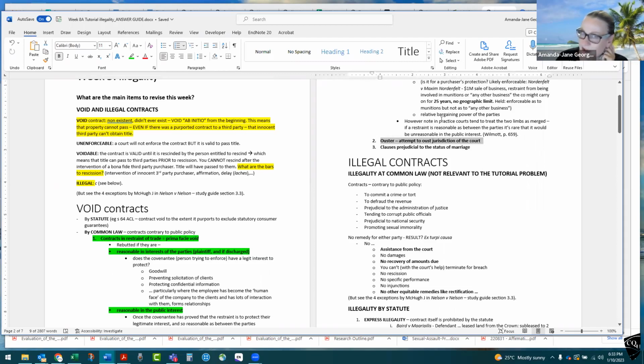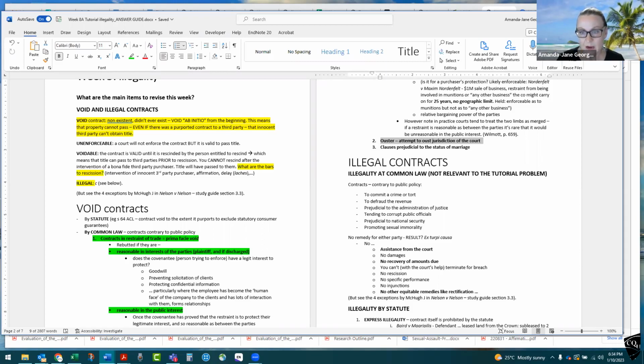Does anyone have any idea of what that's about? No. It's where you attempt to put a clause into the contract that restrains the parties from going to court in the event of a dispute.